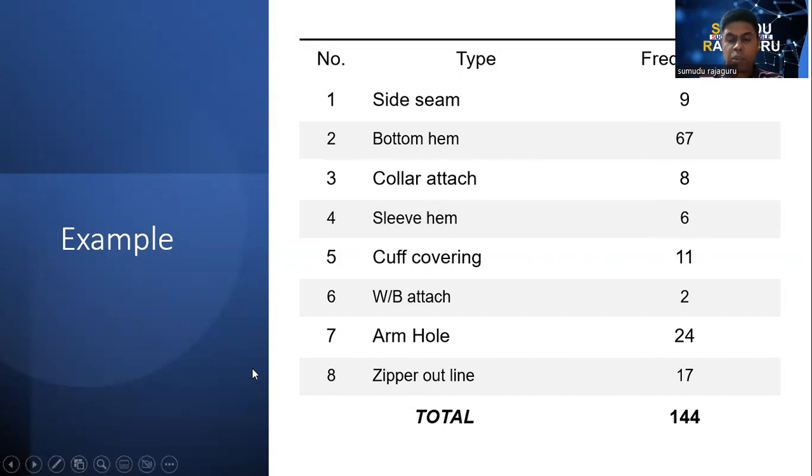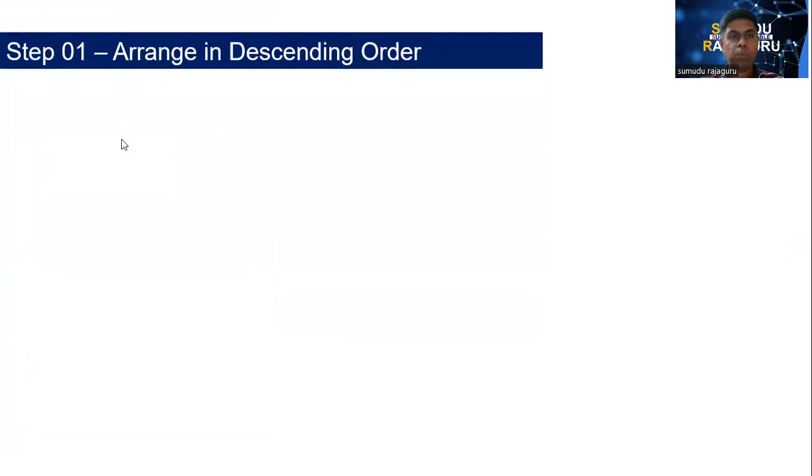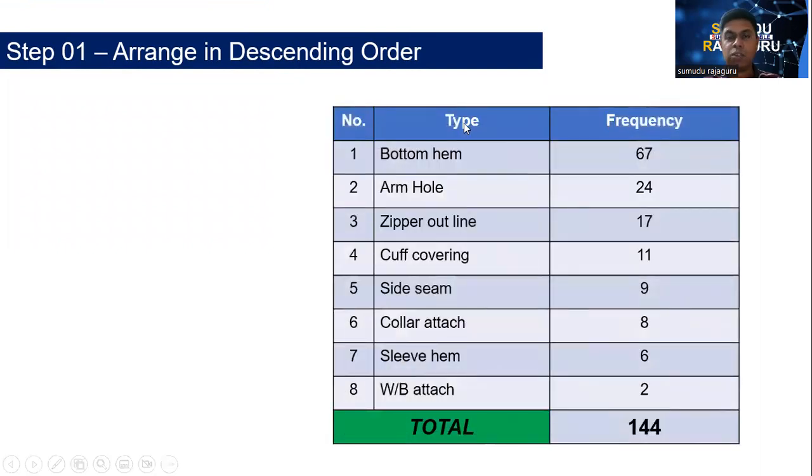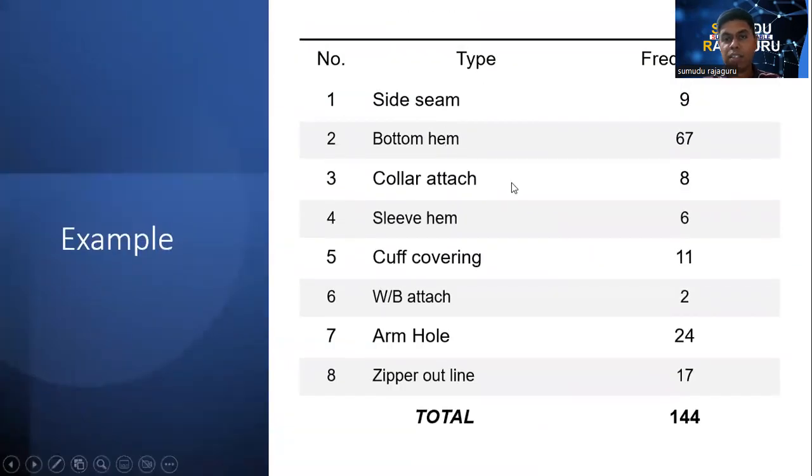According to the Pareto concept, first we have to arrange this data set in descending order. I think you can understand what is meant by descending order: from the largest number to the lowest number. Here it is already arranged, you can see. Previously it was not arranged: bottom hem 67, then collar attach 8, then armhole 24.